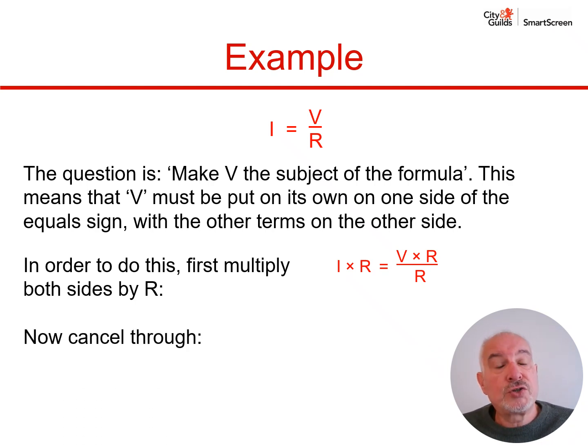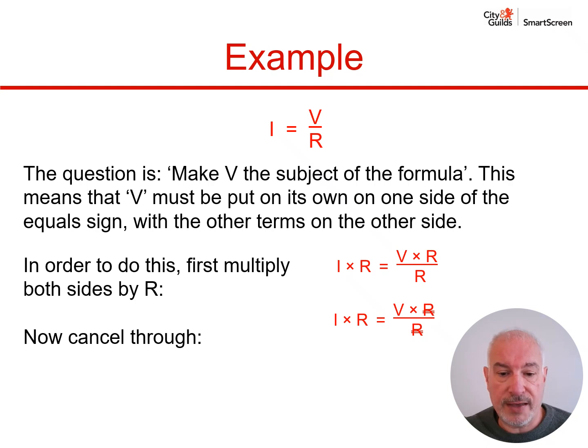The next stage is to cancel through. Now what that means is if you look at the right hand side of the equal sign, we've got V times R divided by R. So we're multiplying by R and dividing by R. So the two things cancel each other out. And we would write that in this way: V times R cancelled out and the R at the bottom cancelled out.